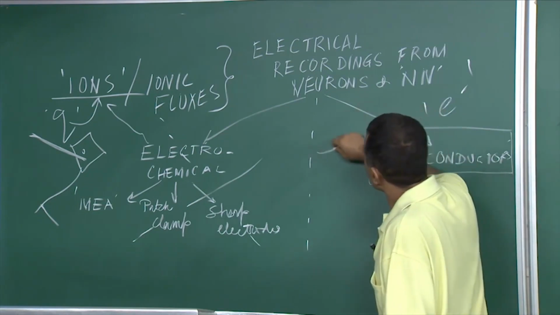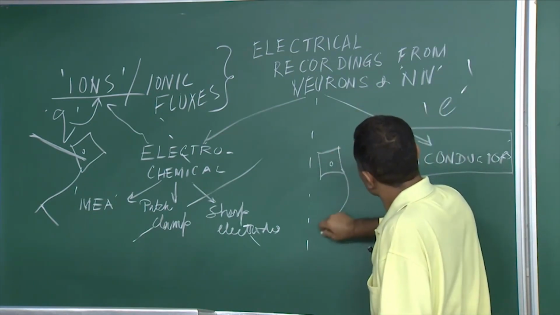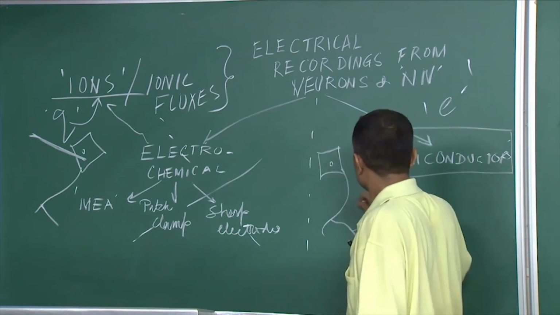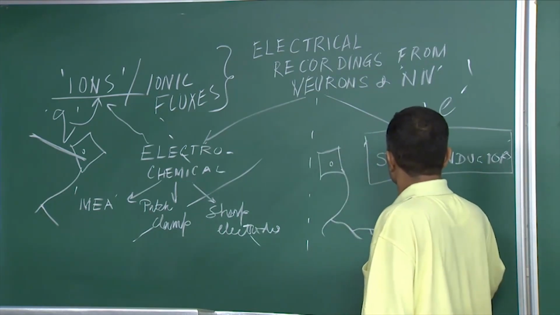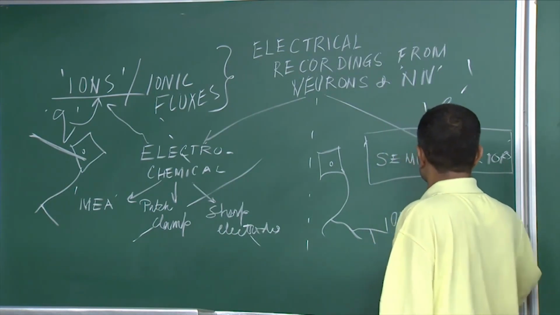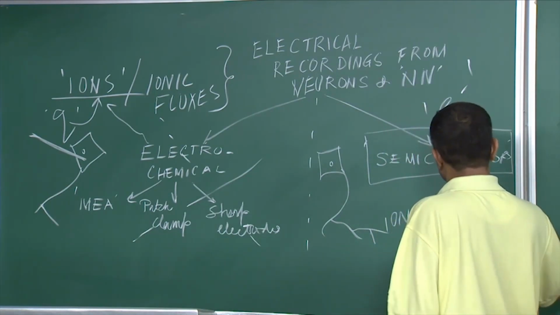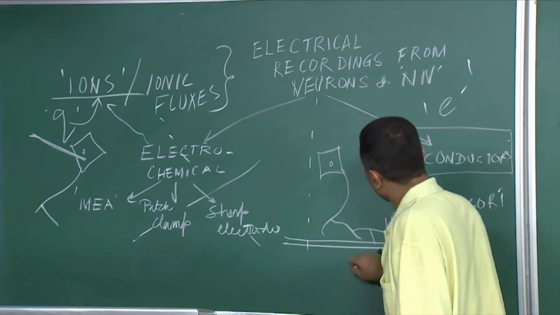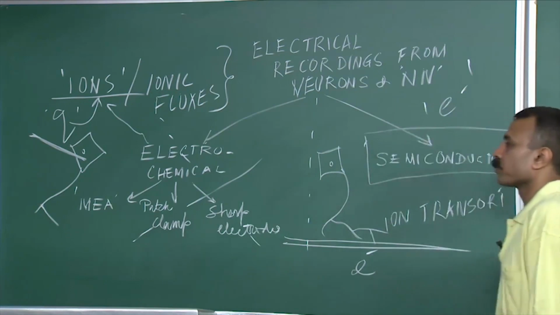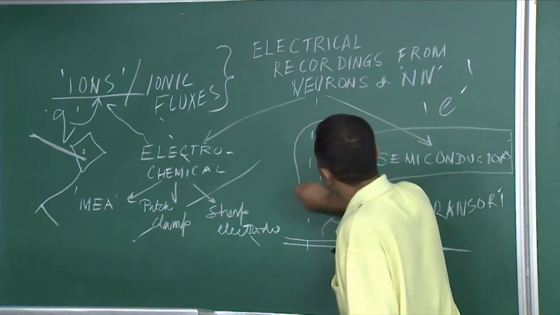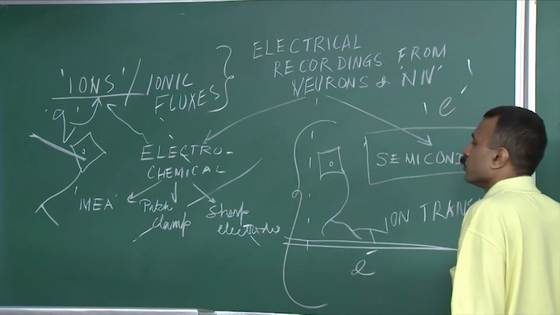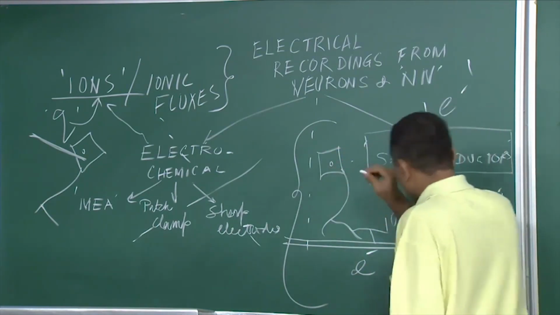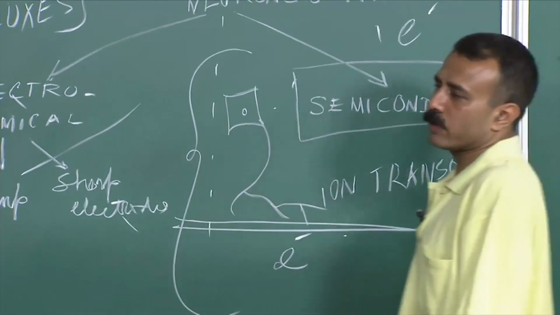You have the neuron, which functions as ion transport or ionic flux, and you have a detector which involves electron transport. So, you are marrying two different branches. One is the ionic transport, and you are detecting using an electronic device.